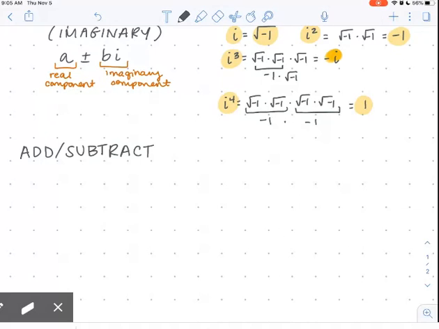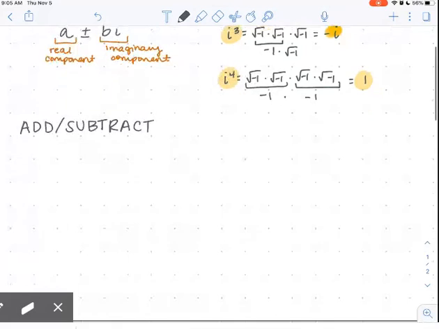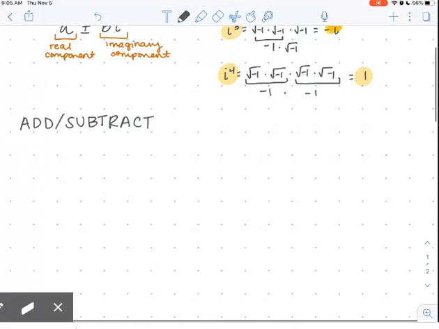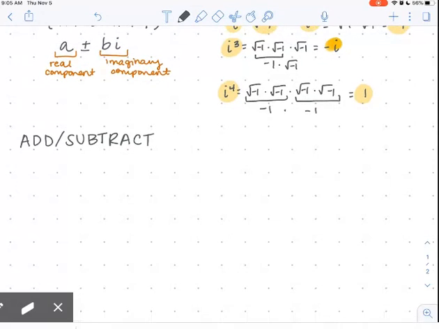So in order to add or subtract, it's pretty simple. You put the real parts together and the imaginary parts together. So essentially you're combining like terms. That's probably the simplest way to describe it.